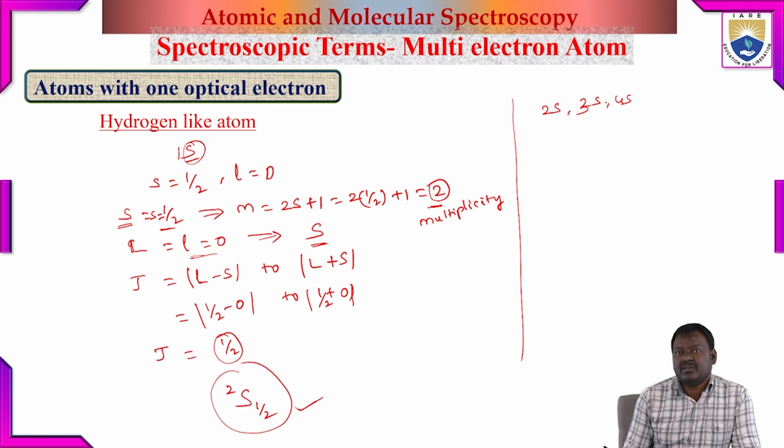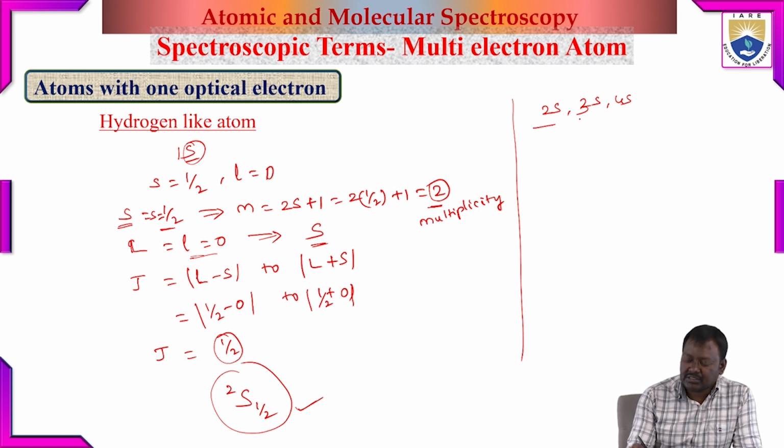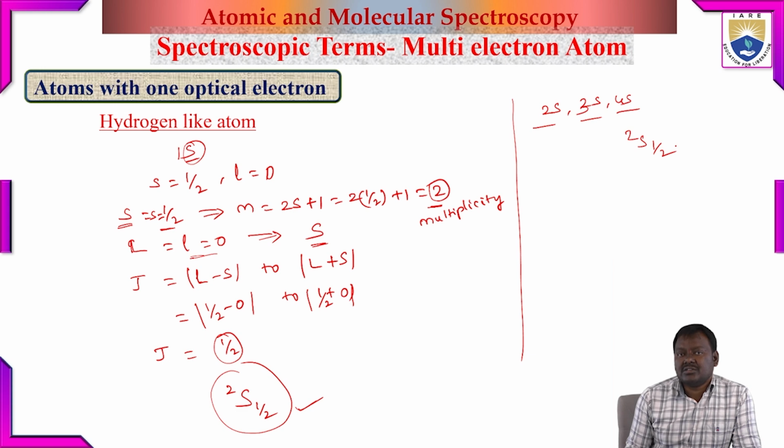Even in 2s, 3s, 4s, we can see 2S 1 by 2 is the ground state energy level for all those atoms.